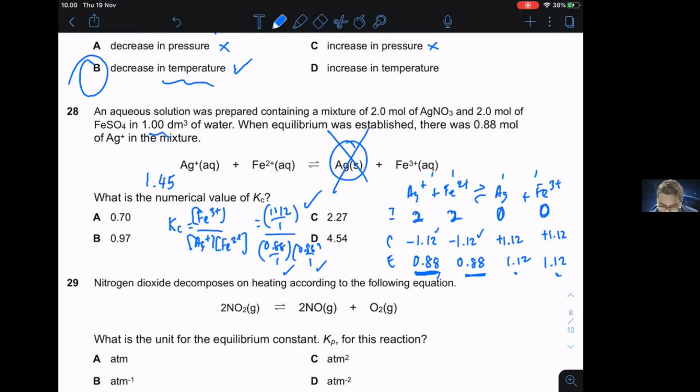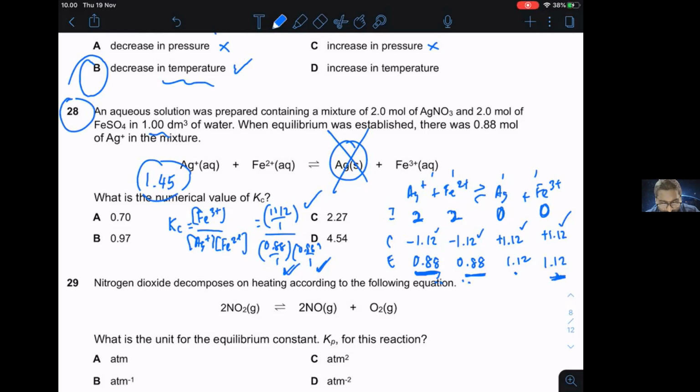This is also correct, it's plus. When I calculate Kc, it is this divided by these two. I think the answer should be 1.45. If I'm wrong, then let me know as well, but I think the answer is 1.45.